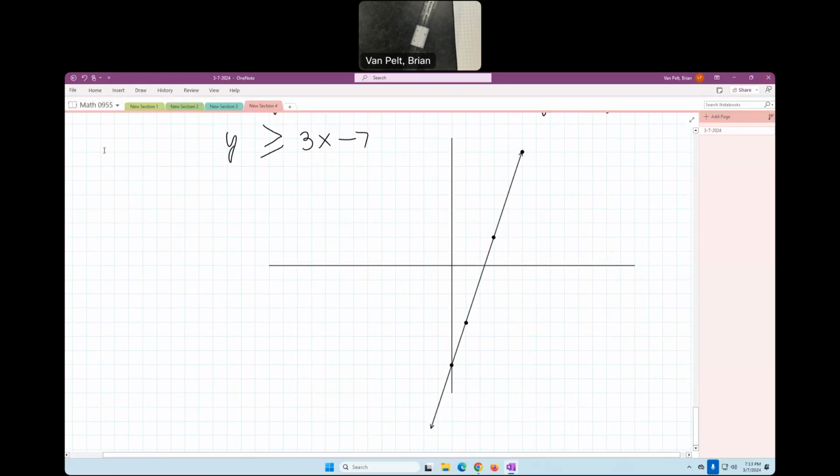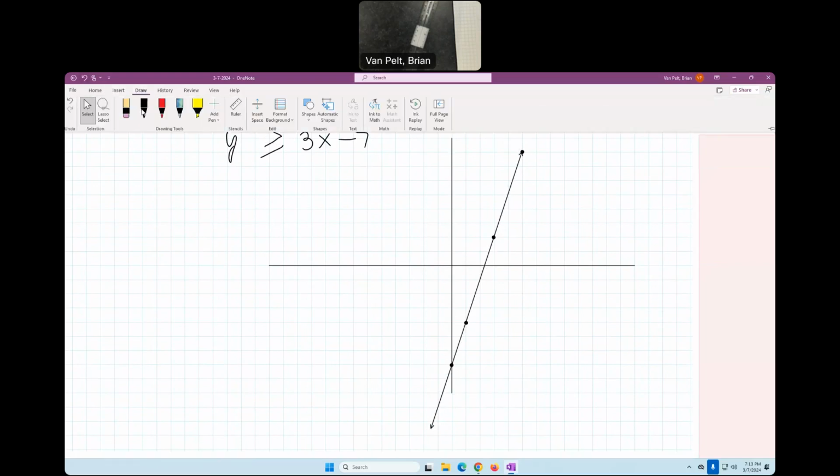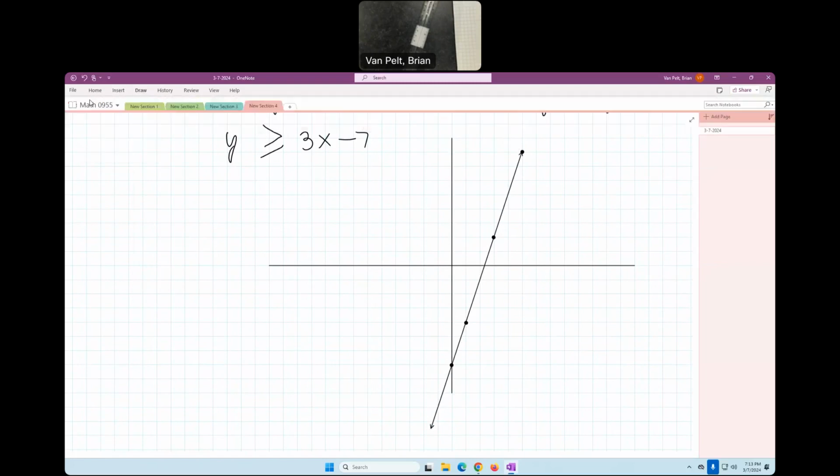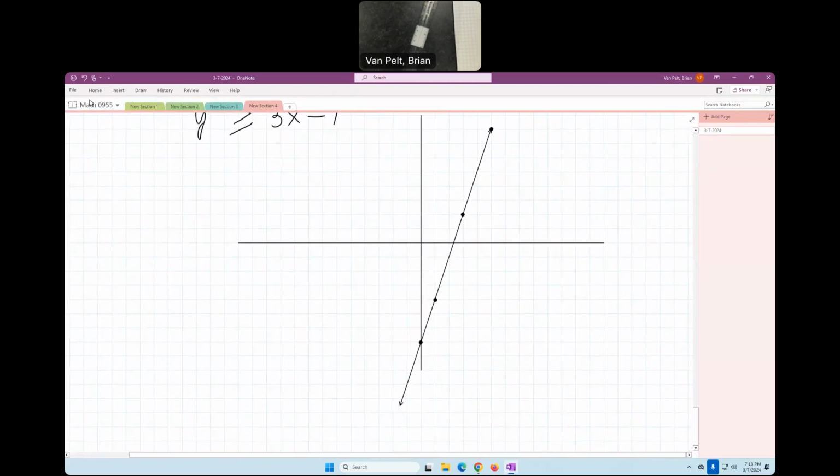So which way should I shade? Above, because y is greater than. So that's how you know. We're gonna do more in 9.3. This is only your introduction. This is all we're gonna do for this test though. So this is above. That means up here. There you go.